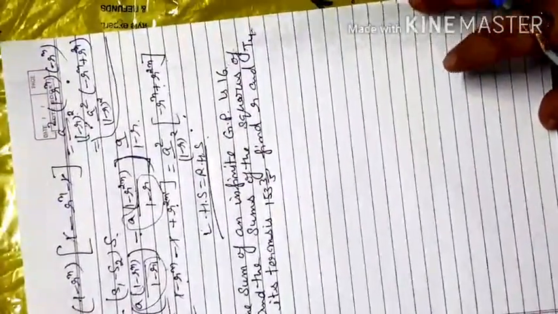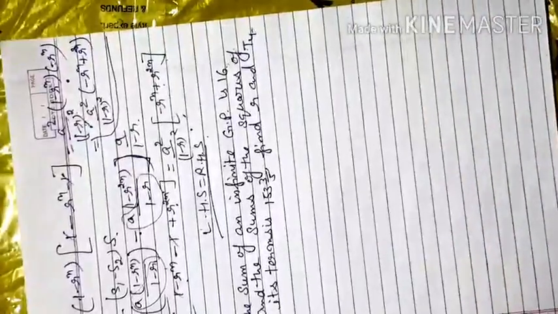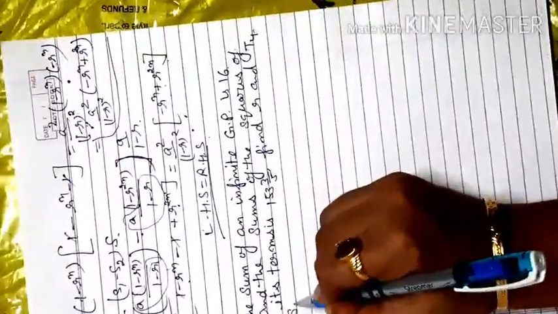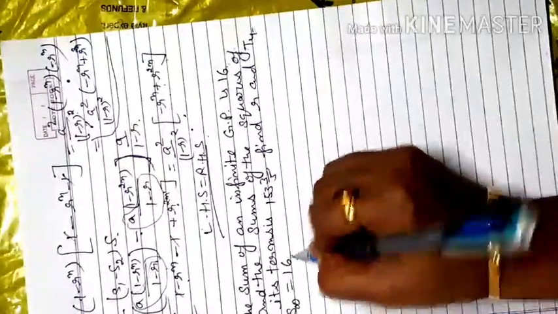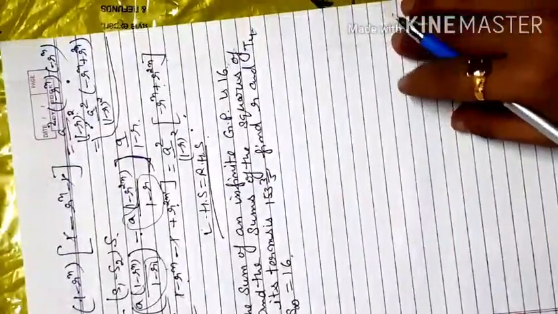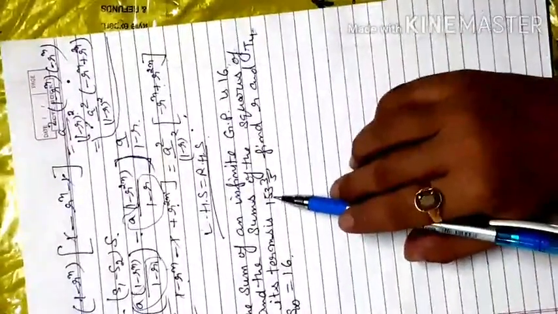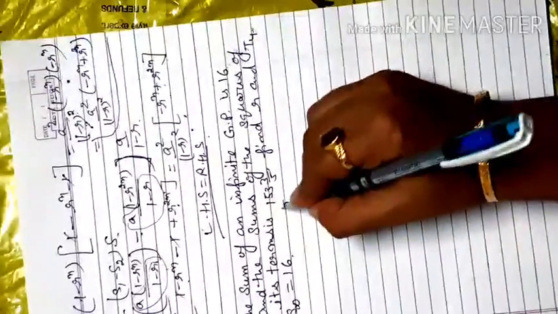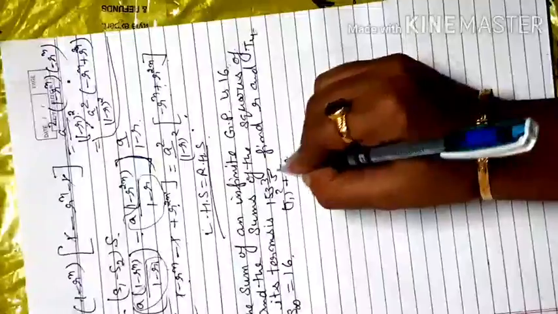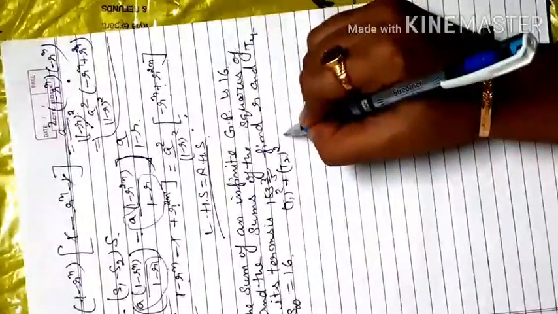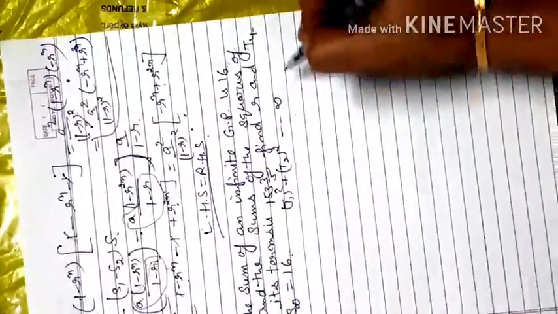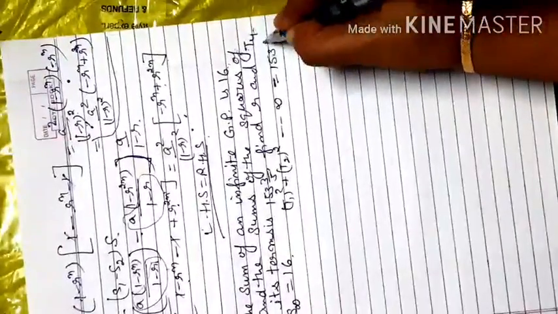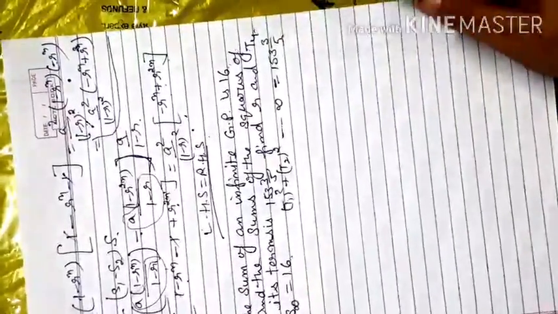Now in your 29th question, you are given the sum of an infinite series as 16, and the sum of the squares of the terms, that is term 1 square plus term 2 square and so on of the GP series, up to infinite, which is also infinite, is given as 153 3/5.